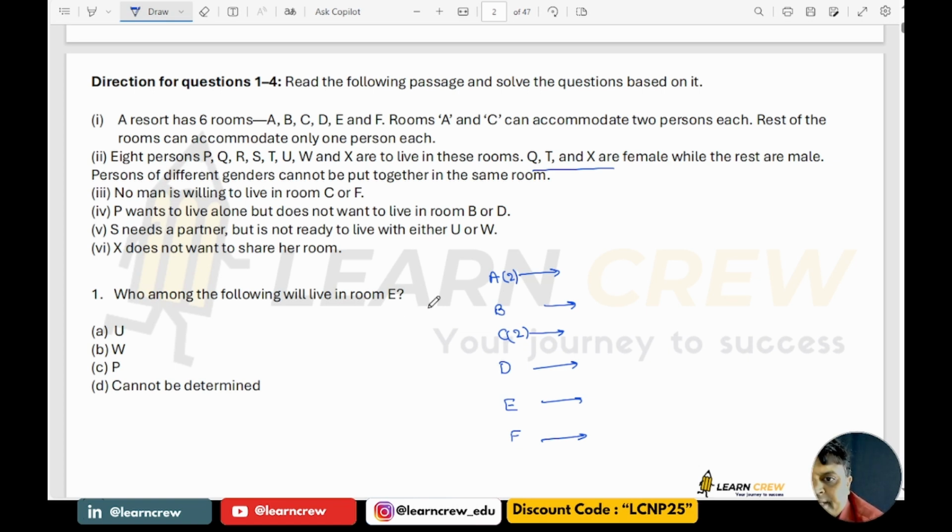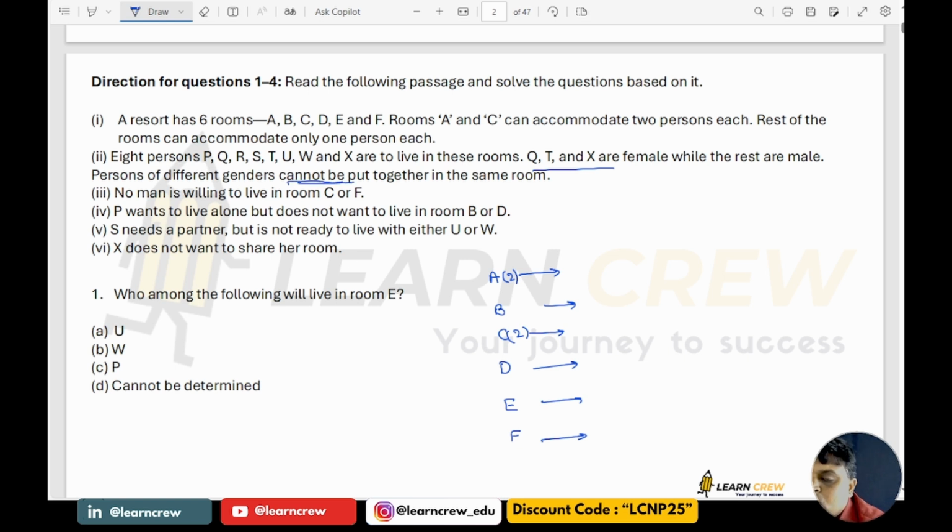Now, please see. What is given? Q, T, X are females while the rest are males.